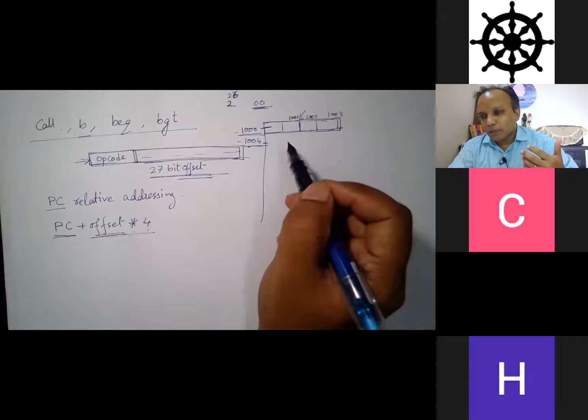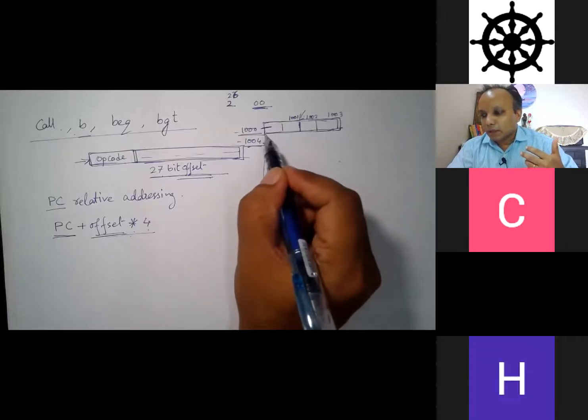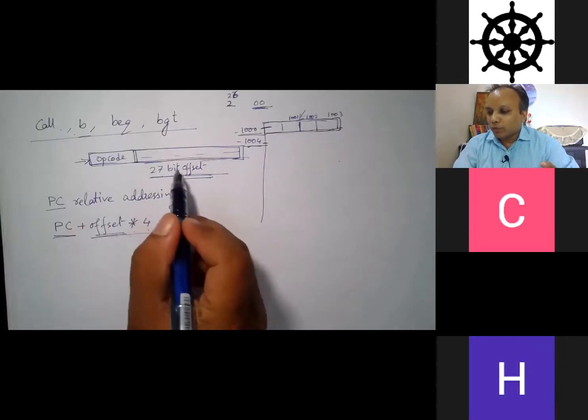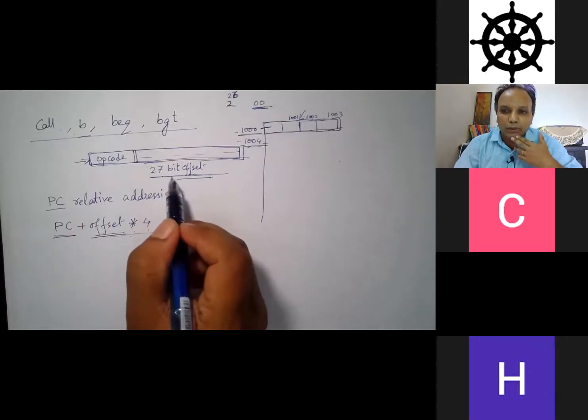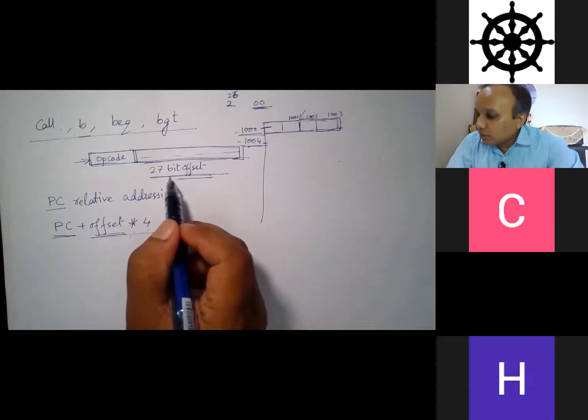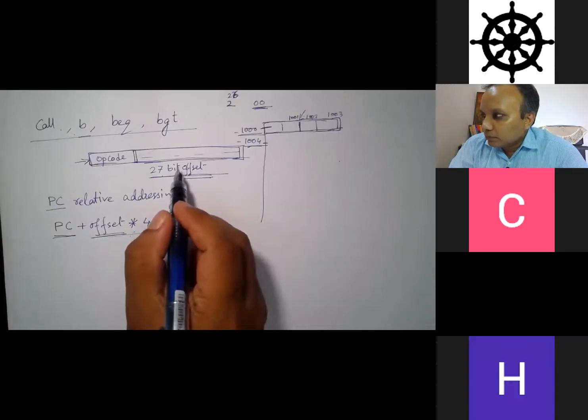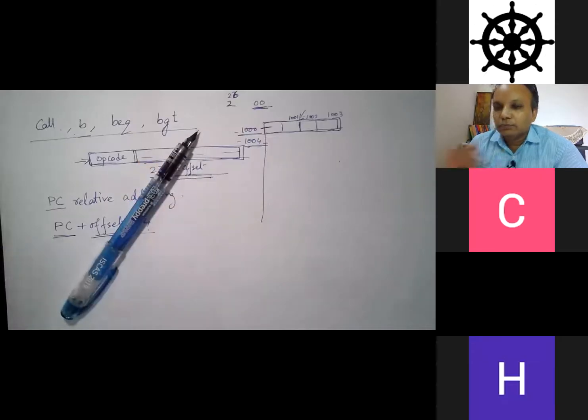Are you hinting towards that, or are you asking where I will know this offset from? I'm saying that when the program counter comes to a particular instruction, we have to see what the opcode is, and depending on the opcode the instruction is particular.